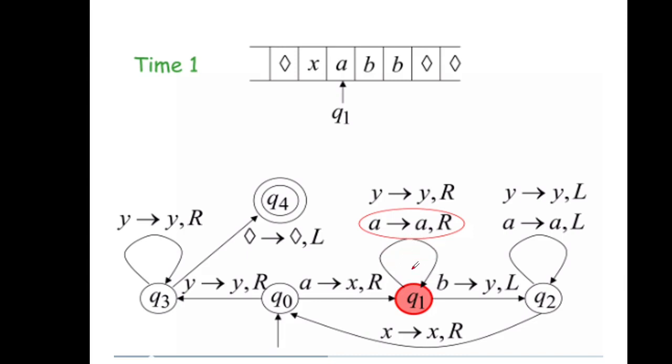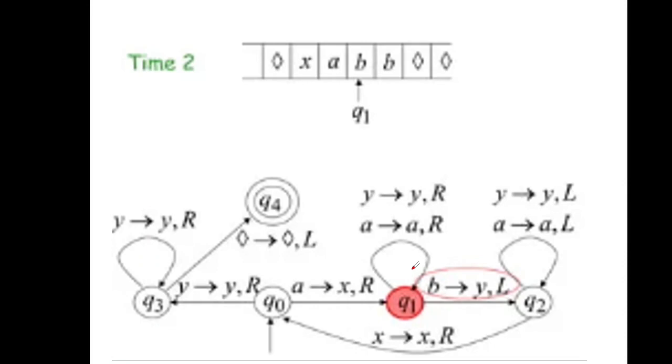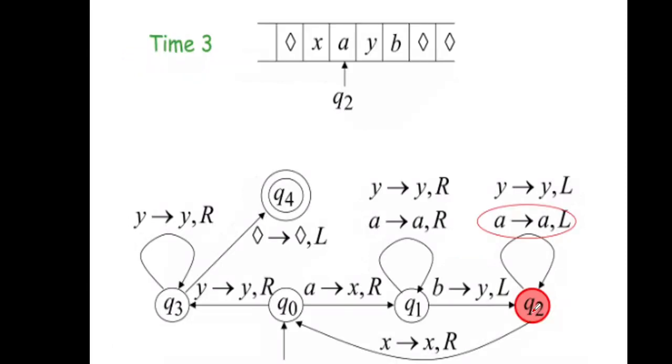In the next time step 3, it reads the B string and reaches the Q2 state. From Q2 it takes A again because it moves left. That is one possibility.